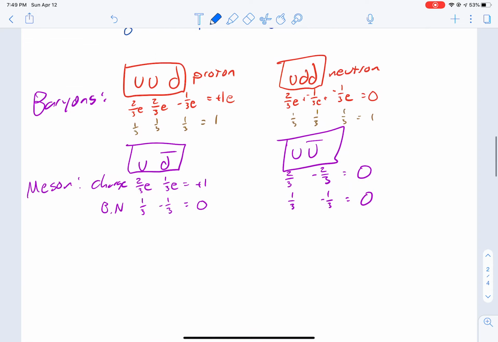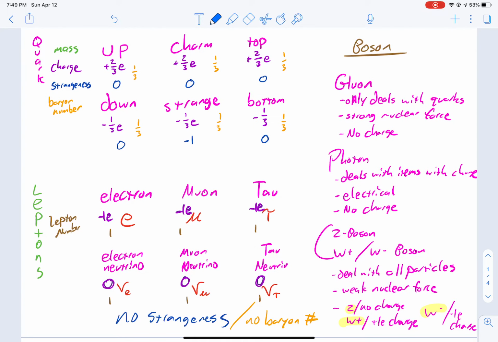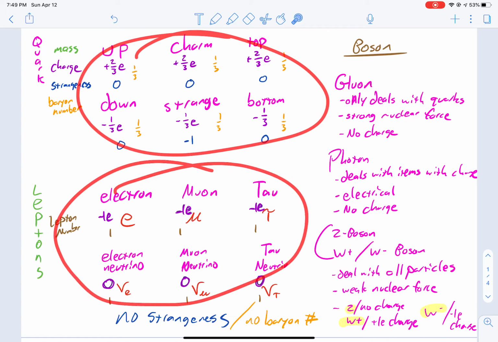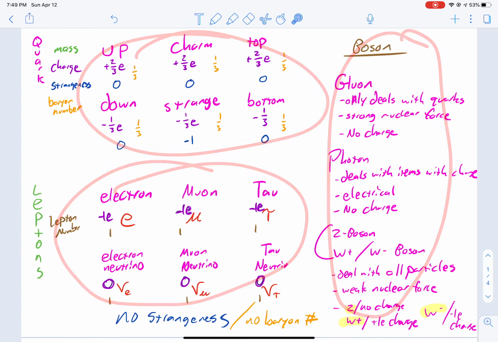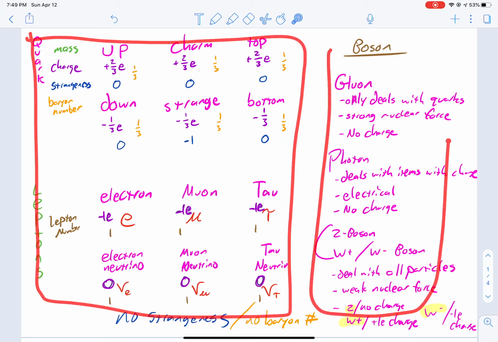Now, if you remember back to our Feynman diagrams, you should have created your own Feynman diagram. That was one of the assignments for one of the previous weeks here, is we have our standard model. These are the elementary particles, the particles that, as we know of now, cannot be broken down into any smaller pieces. These are as fundamental and basic as they get. We have the quarks, we have the leptons, we have the bosons. Okay, if you remember, all these together are fermions, and these are bosons.